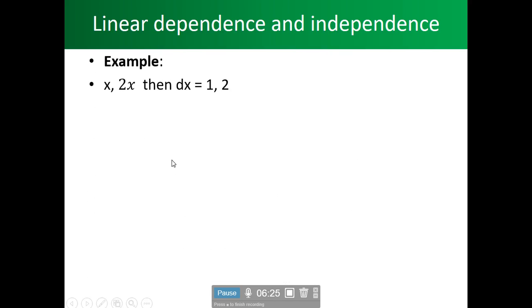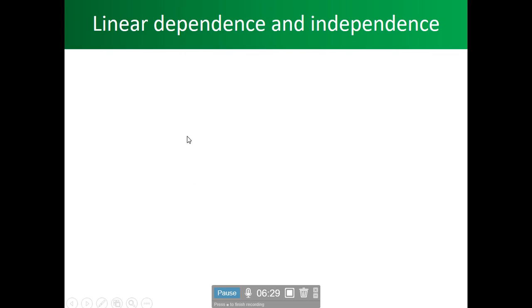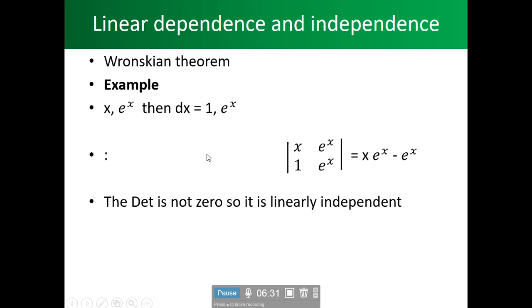Let's look at an example here. We are given these functions, and what we have to do is take the derivative. If we take the derivative of x, we get 1. If we take the derivative of e to the x, we get e to the x.